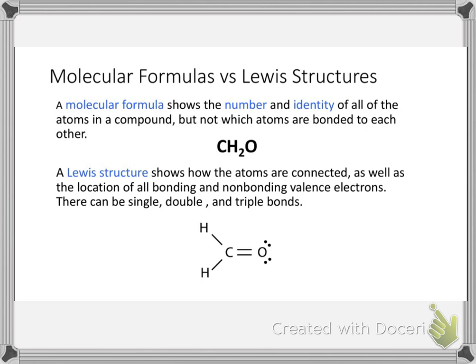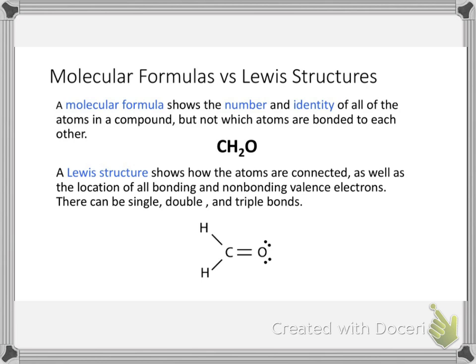Now, this is something that I want to go over in terms of the language and what each is saying. So we have molecular formulas, which is what we're going to be given. And then we have something called a Lewis structure. Before we start drawing Lewis structures, I want to go over what each of these means and what they would look like.